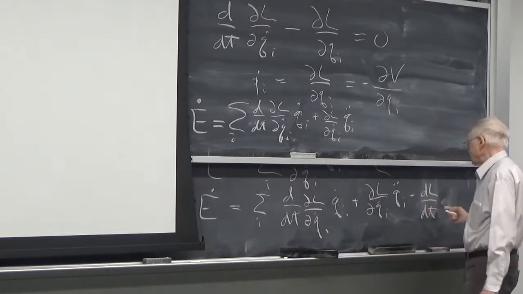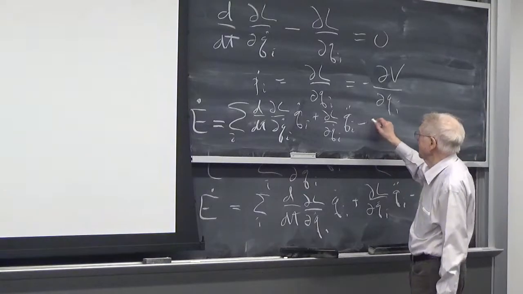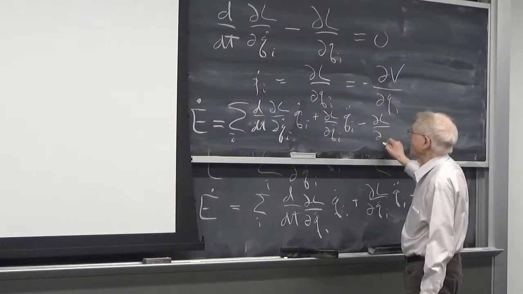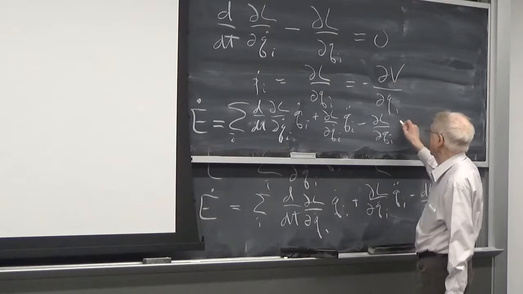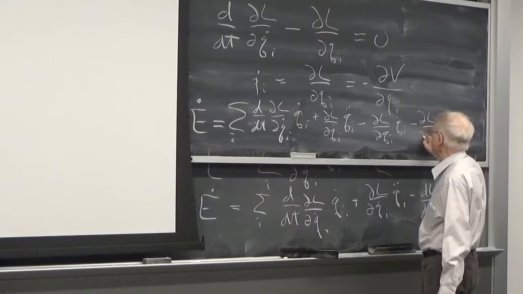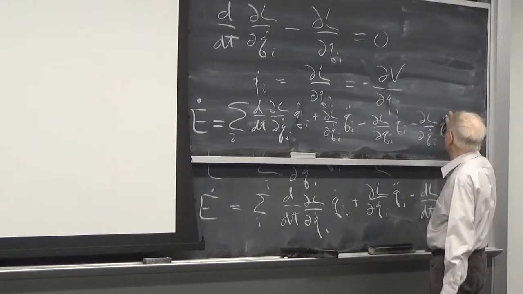And now we subtract the time derivative of L, and so that's minus partial L partial qi times qi dot, minus partial L partial qi dot qi double dot.